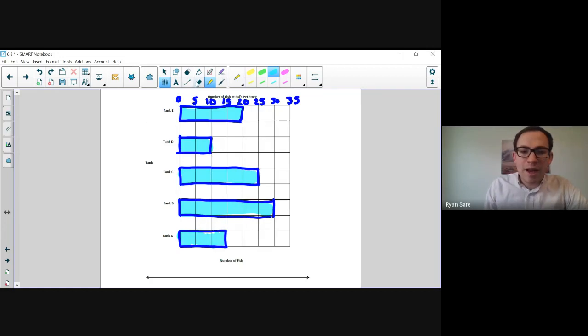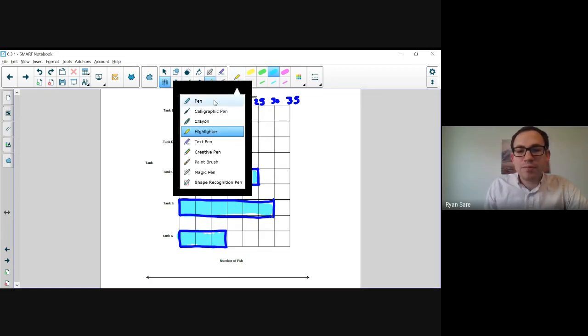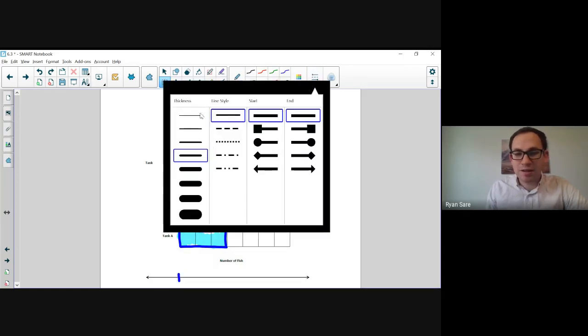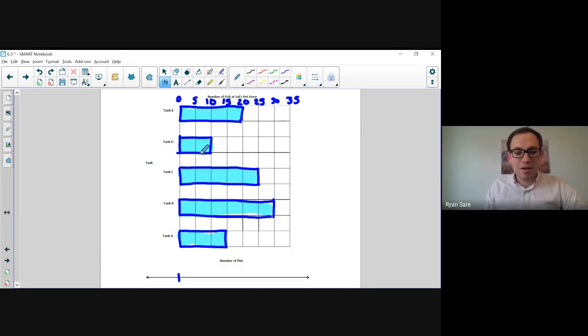All right, now back to our line. You'll notice I have a number line down here. I'm just going to take these labels and put them right down here. My pen is still nice and thick, so let's make it a little thinner. I'm going to undo our last little mark.